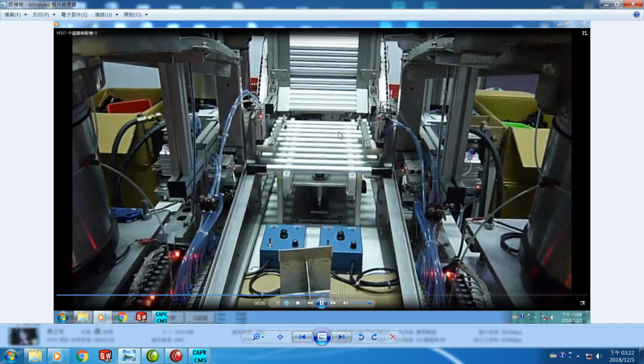For this PLC systems, we have 9 sensors for 9 stations. Suppose in here, the sensor says there is materials.